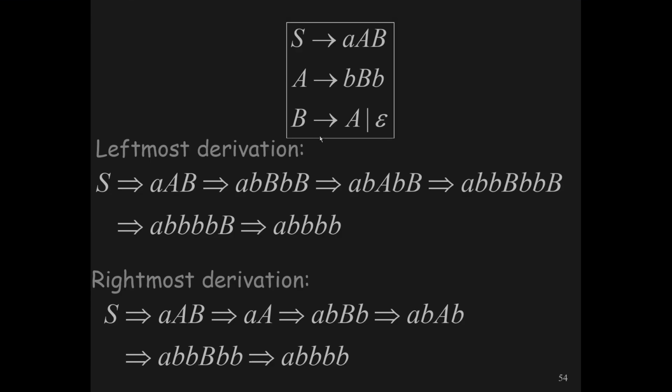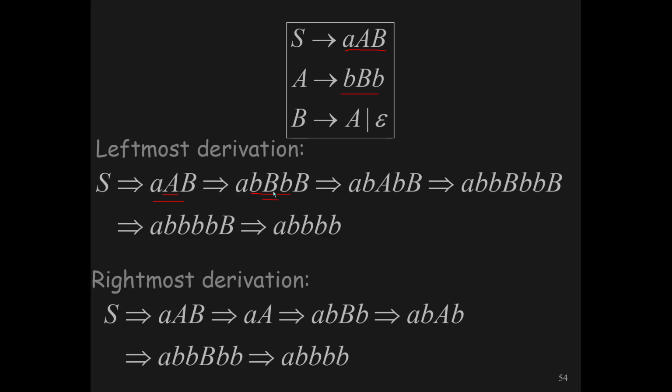So here's another derivation with a different grammar. So S produces A, capital B. Leftmost derivation, we choose the A and generate BBB.